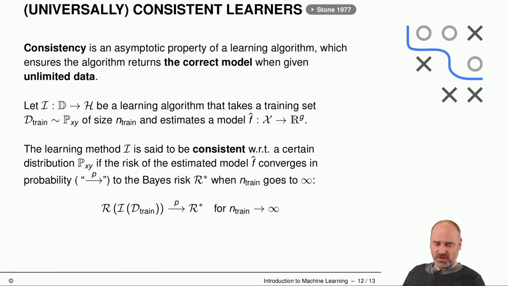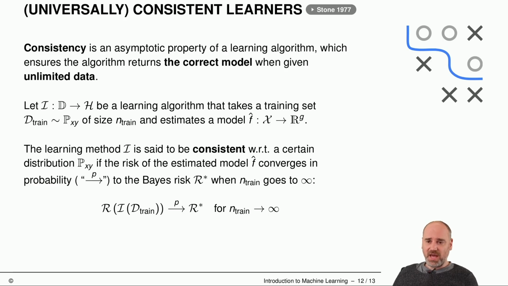We will now say that our learning method I, capital I, which I've said before is an inducer, a fancy name for learning algorithm, is consistent with respect to a certain distribution if the risk of our estimated model f hat converges in probability to the Bayes risk R star when n, the training data set size, goes to infinity.